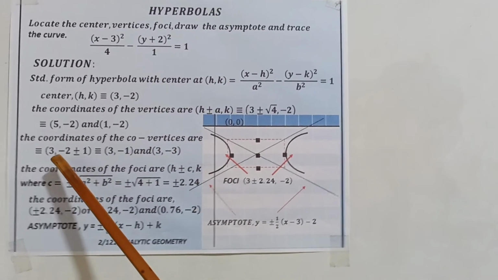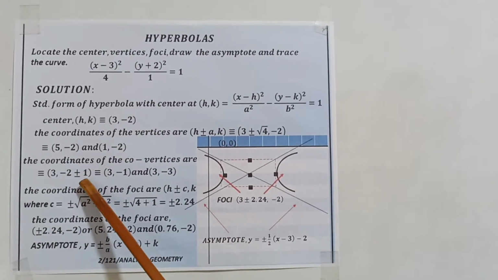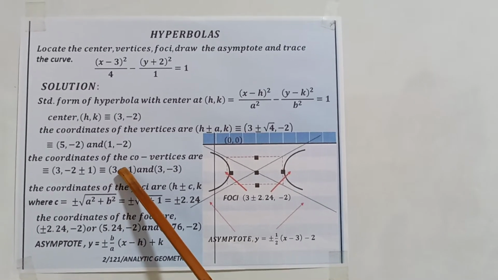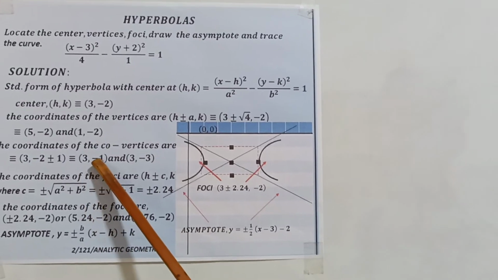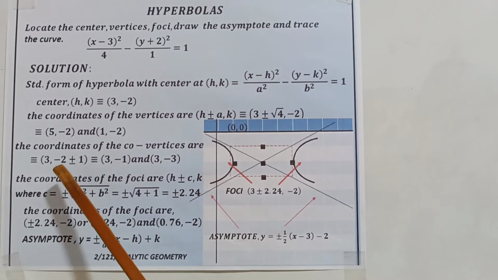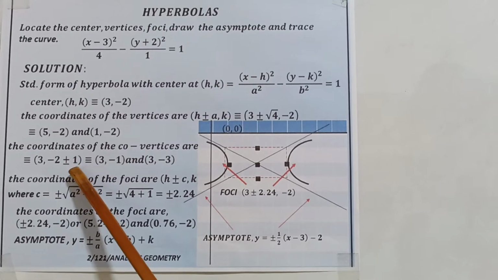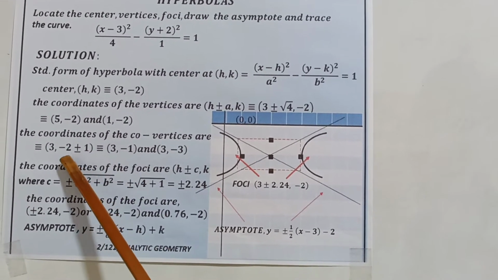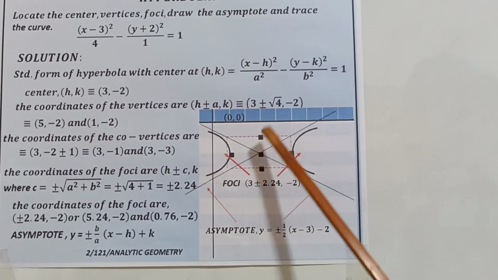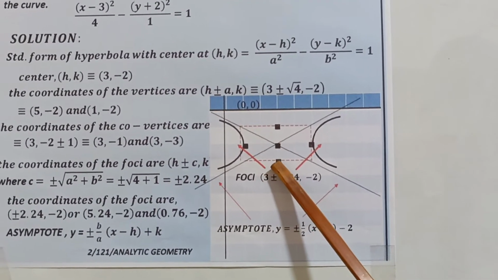So 3 and negative 2 plus or minus 1, which is equivalent to (3, negative 1) and (3, negative 3). So negative 2 plus 1 is negative 1, and negative 2 minus 1 is negative 3. So these are the coordinates of the vertices.